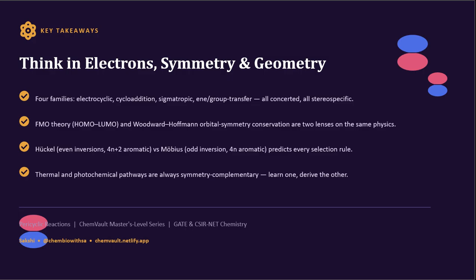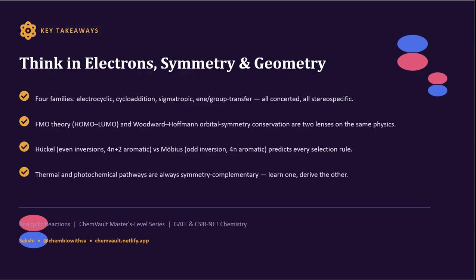Key takeaways. Let's recap the whole topic in 4 lines. 1. There are 4 families of pericyclic reactions: electrocyclic, cycloaddition, sigmatropic, and ene or group transfer. Every single one of them is concerted and stereospecific. 2.